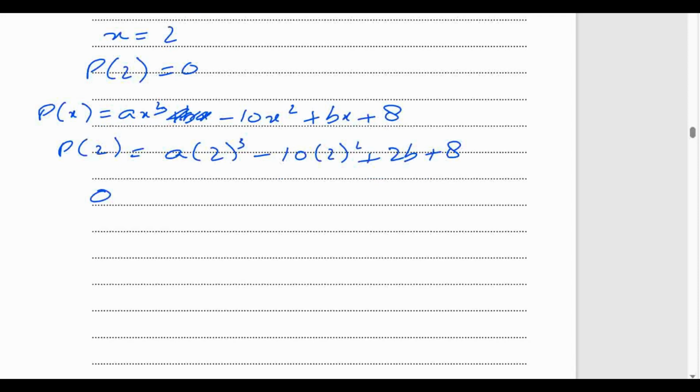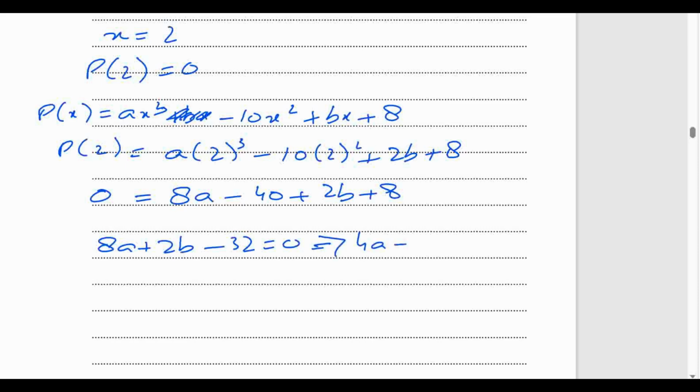Now 0 is equal to 8a minus 40 plus 2b plus 8. So this will be 8a plus 2b minus 32 is equal to 0. Divide by 2. So this will be 4a plus b is equal to 16. So this will be equation 1.